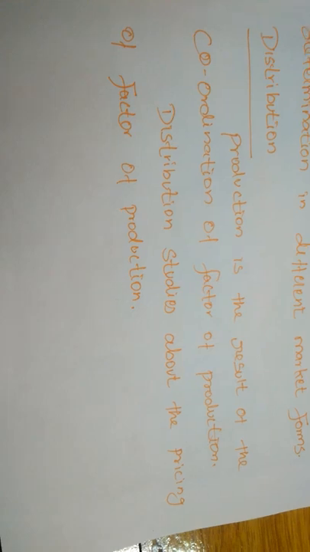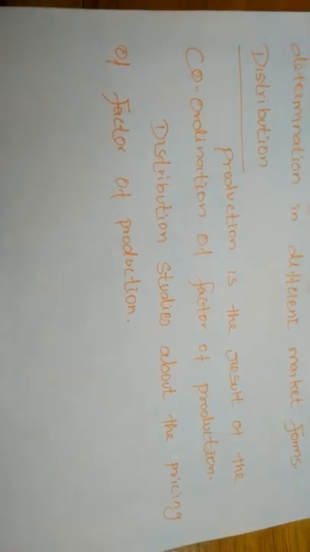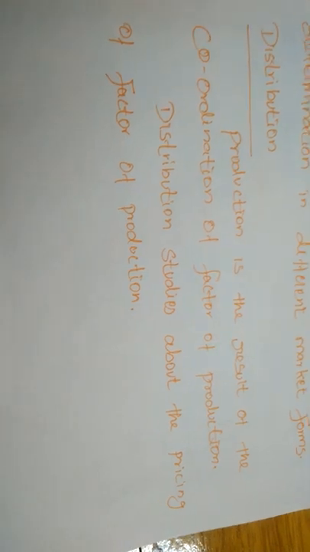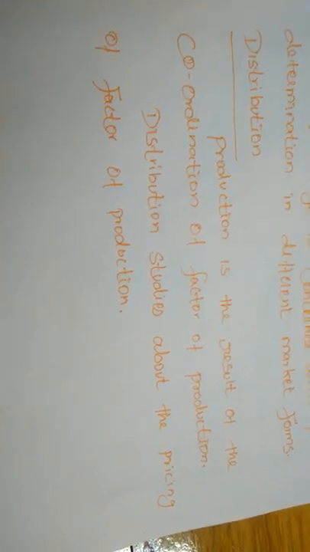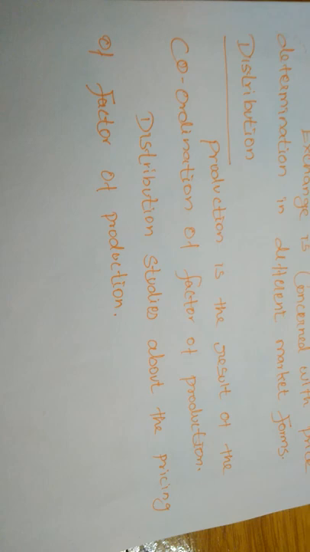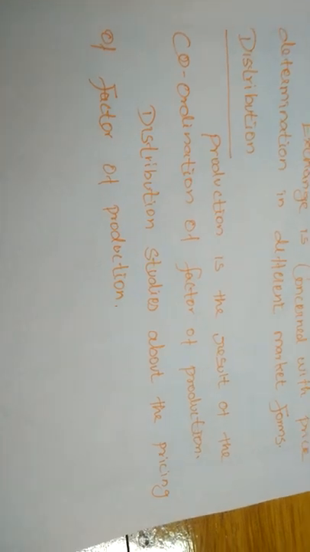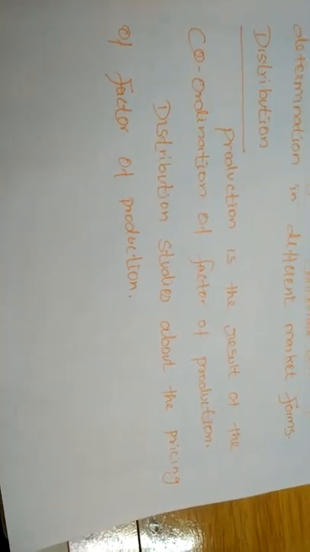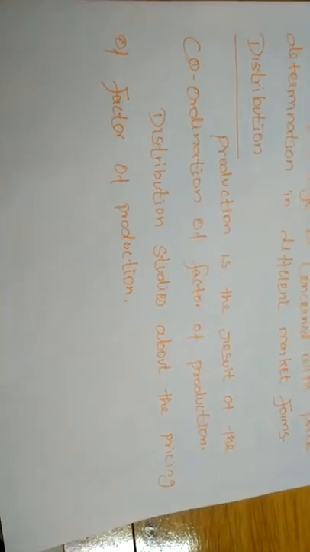How to distribute the national income, or how to distribute the income among the factors of production? This division, distribution, studies the pricing of factors of production, in which form they will get the remuneration. For that, different types of laws and theories are there.